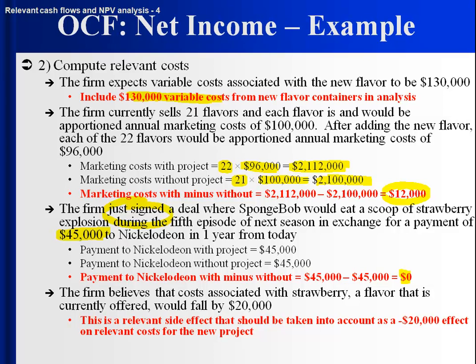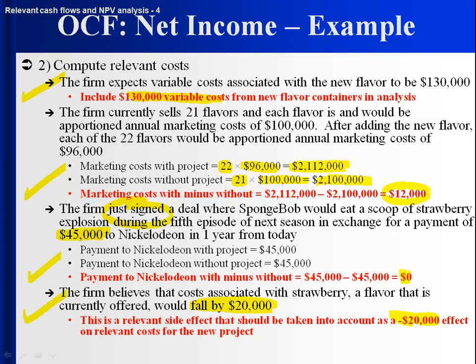Finally, there's the side effect, and cost would go down by 20 because of the lower demand, the lower need for Strawberry, and so we want to take into account a negative $20,000 side effect. So we put it all together where it's $130,000 in extra costs associated directly with the new flavor, $12,000 in marketing, nothing with respect to licensing, and negative 20,000 with respect to reduced side effects with reduced sale of Strawberry.